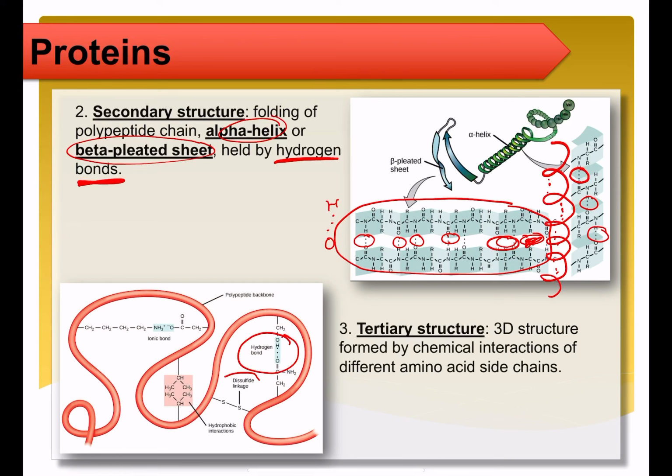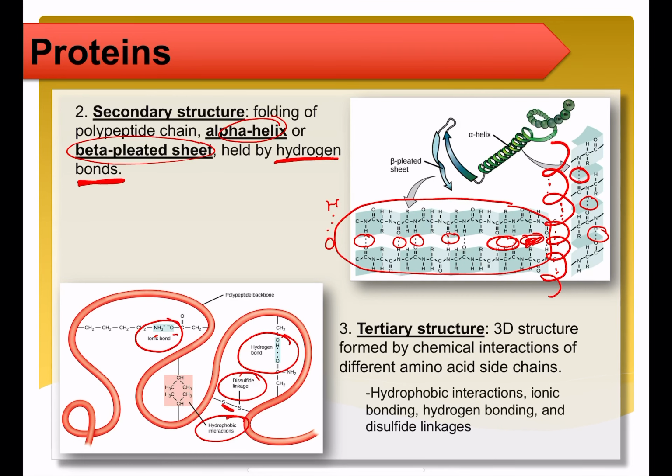A disulfide linkage is a type of covalent bond that can occur between two sulfur groups. And the hydrophobic interaction, remember we talked about van der Waals interaction. An ionic bond can form between two opposite charges, anion and cation, that we talked about in chapter 2.